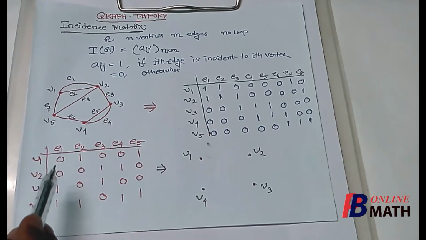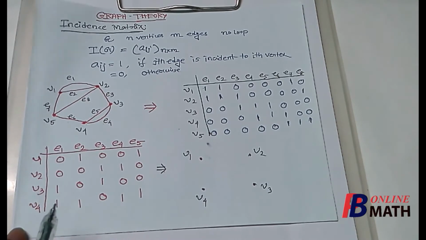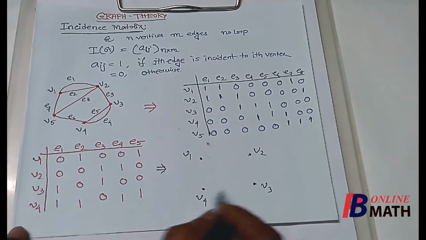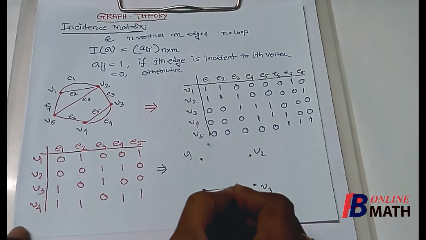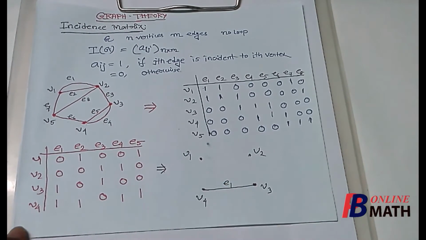In the column of E1 we find that the 2 elements are 1 in the row of V3 and in the row of V4. So there must exist an edge between V3 and V4, which is denoted by E1. So between V3 and V4 we have one edge which will be denoted by E1. So suppose this is E1.